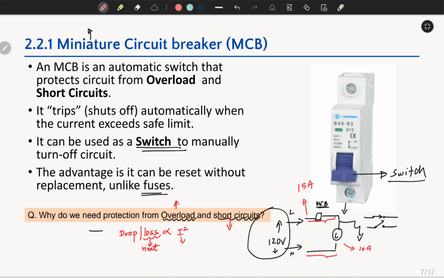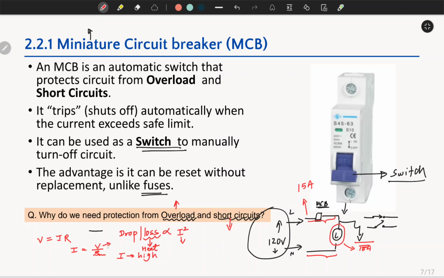Now short circuit is a phenomenon in which one of the wires, like the live wire, is connected to ground. In that case there is no resistance. Initially this load was there, but as my main line is grounded, there is no resistance. We already know by Ohm's law, V equals IR and I equals V by R. If this R is negligible, it will lead to a very high current.